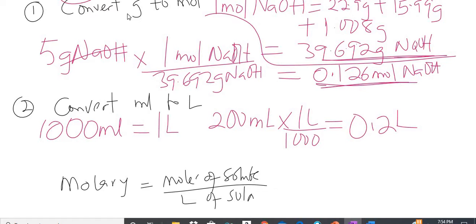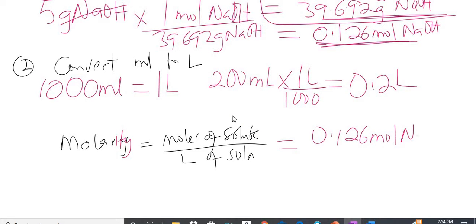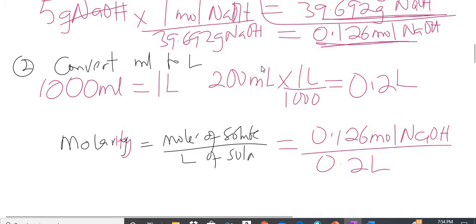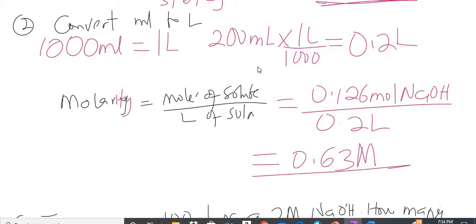Because molarity is given as moles of solute per liter of solution, our moles of solute is 0.126 mole of sodium hydroxide, and our volume is 0.2 liter. So when we use our calculator, it's going to give us 0.63 molar.